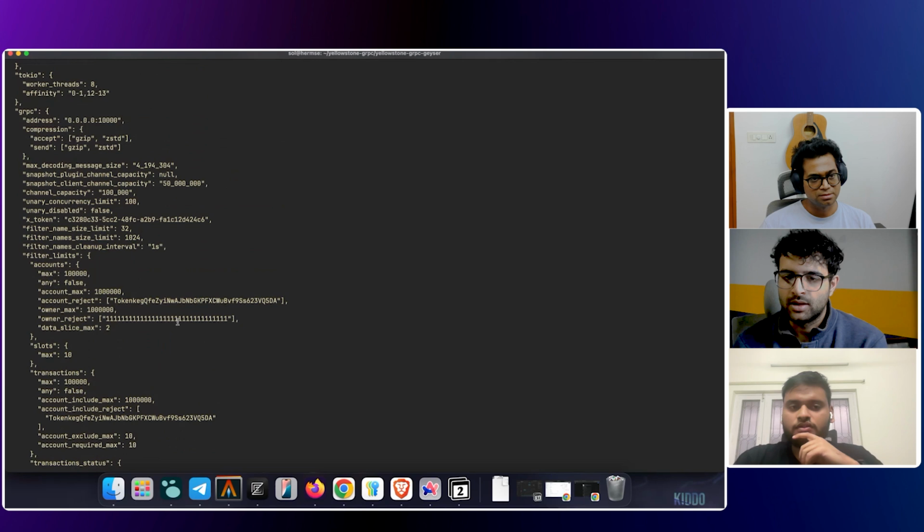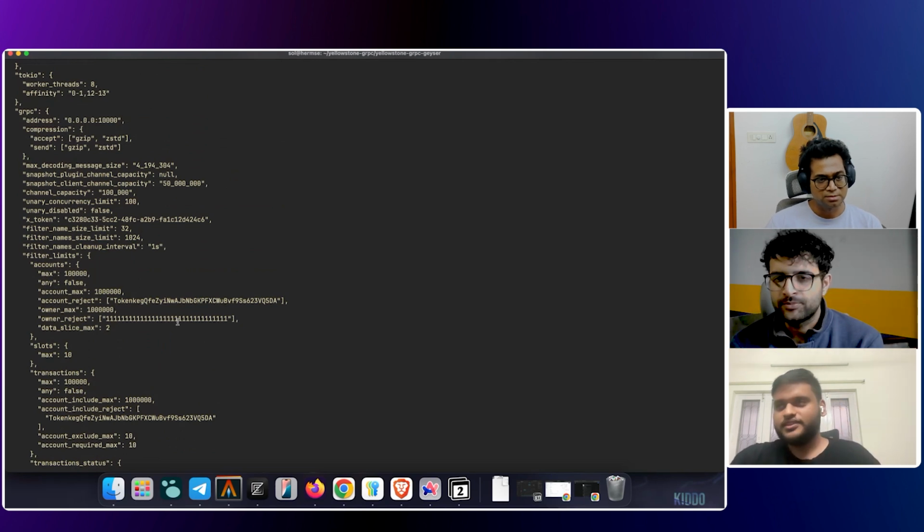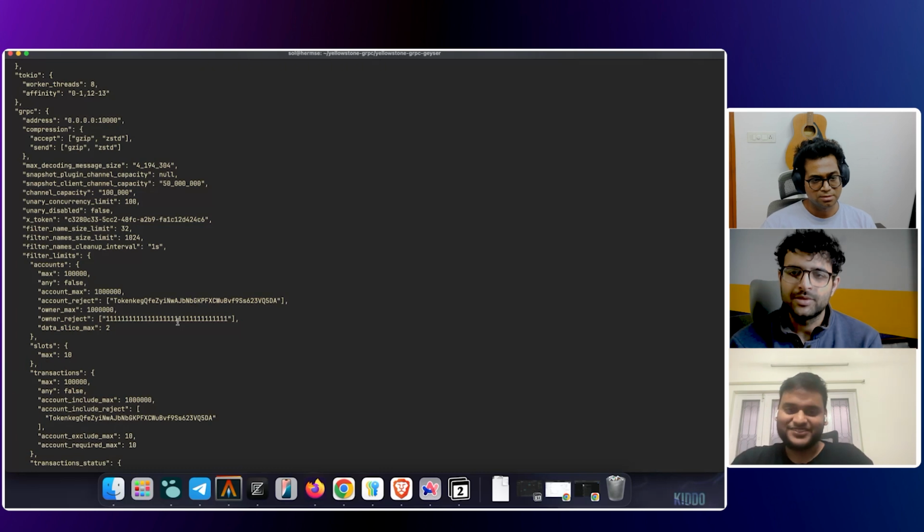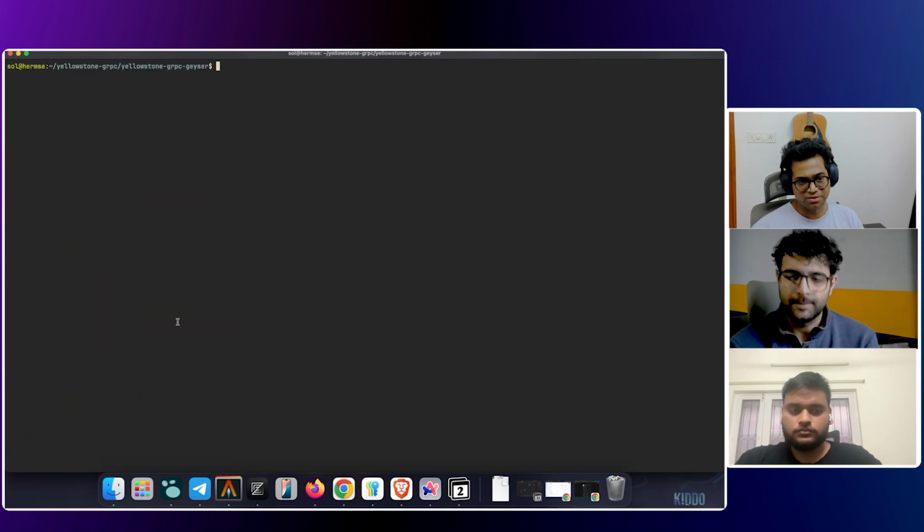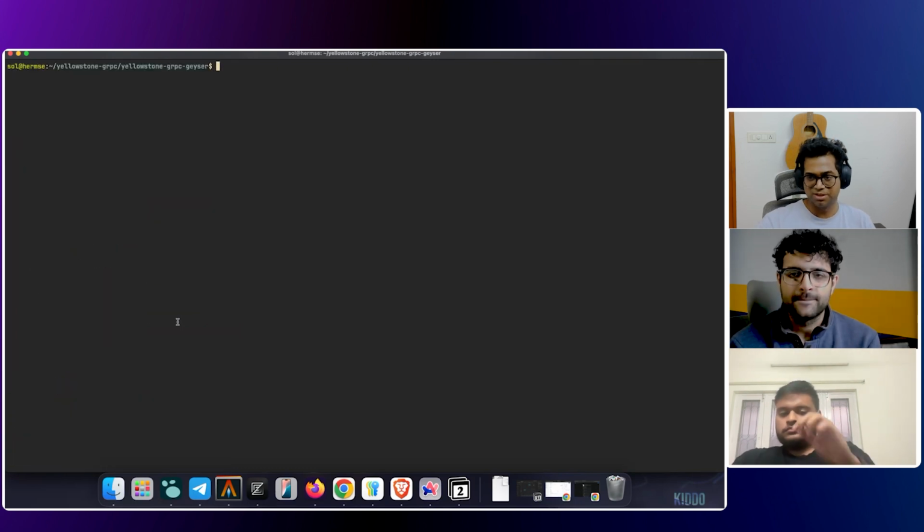It doesn't get dumped to Postgres in my case. It keeps it in memory and whatever I do, I do. Yellowstone specifically opens a gRPC stream for all the things that you want. So you could connect another node to the end of the stream and then you can process it.